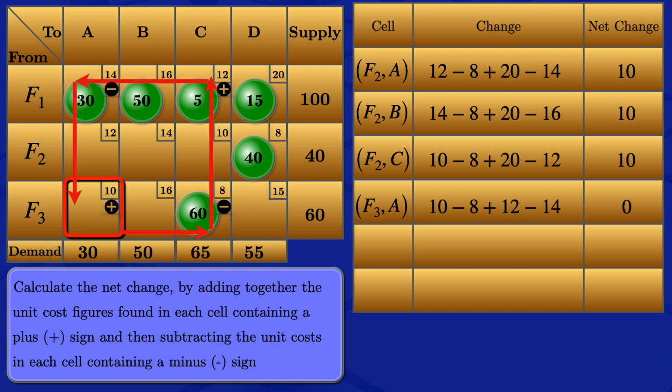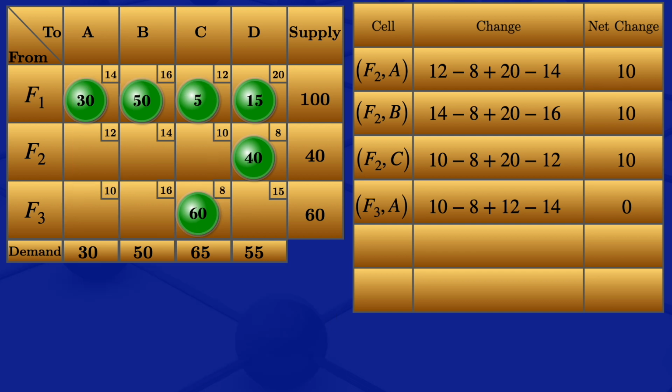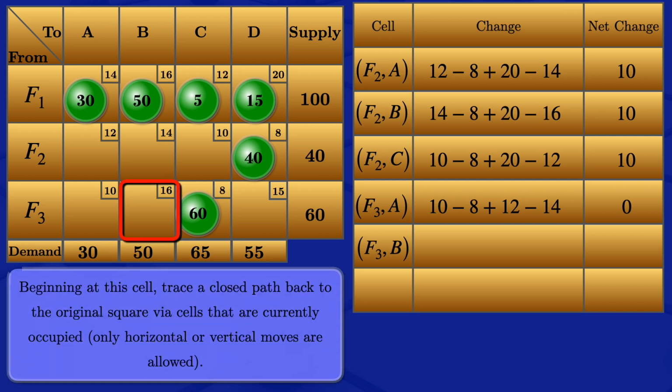We move on to the next unoccupied cell, which is F3B. F3B is this cell here. We trace a closed path back to the original cell. In this case, we are going to move horizontally to this cell, vertically to this one, horizontally, and back to the original.